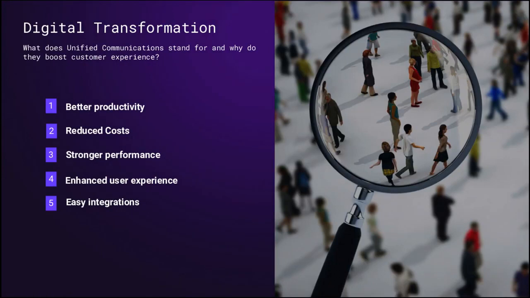Moving forward, we also need to mention digital transformation. And when we talk about digital transformation, we talk about unified communications. Unified communications is a business and marketing concept describing the integration of enterprise communication services such as instant messaging, voice, mobility features, audio, web and video conferencing, desktop sharing, data sharing, call control, and speech recognition.